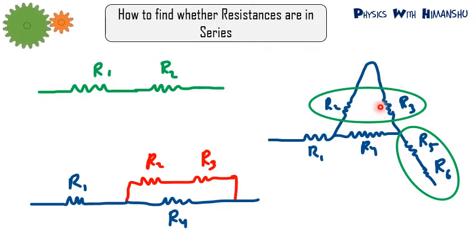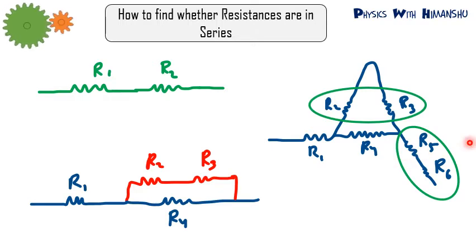So R2 and R3 are in series. Similarly, some current will come from here, some from here, and they will combine. The current that enters R5 will exit R5 and then enter R6, so R5 and R6 are again connected in series. This is a way to find out whether your resistances are connected in series or not.